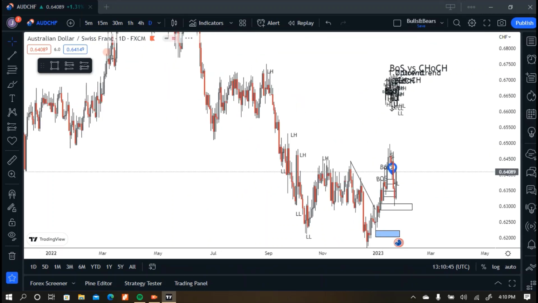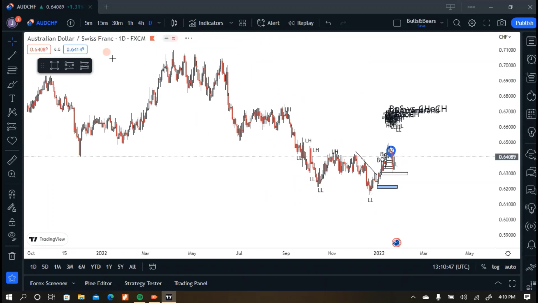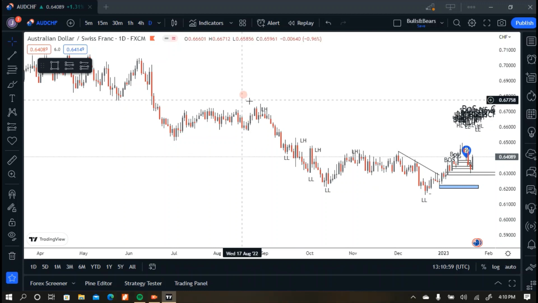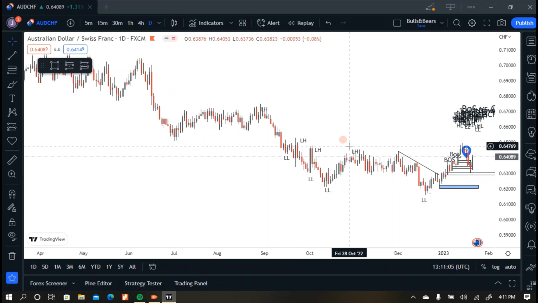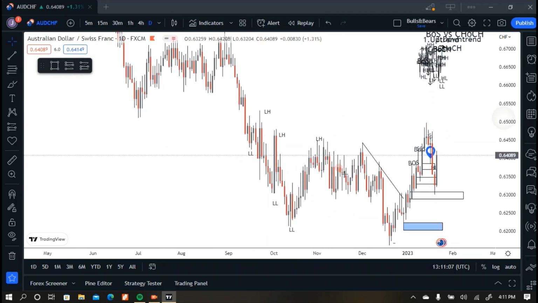When we take a look at this, initially the market was in a lower high and lower low situation, that is a downtrend. The market was creating lower highs, lower lows, lower highs, lower lows.